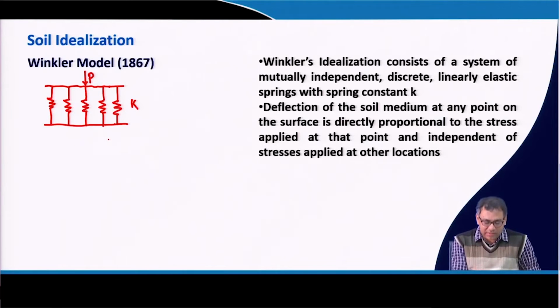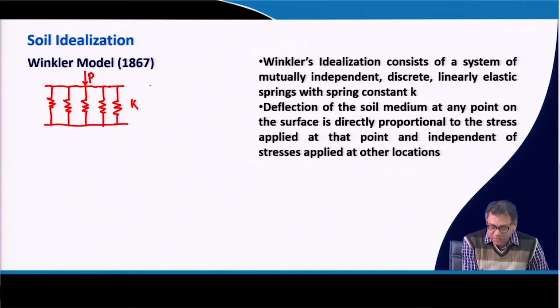So, any spring will deform due to the stress applied on that particular spring. That means the deformation of any particular spring will not be influenced by the stress applied to the other springs. Clear? If I apply a load on this particular spring, only this spring will deform, other springs will not deform at all.